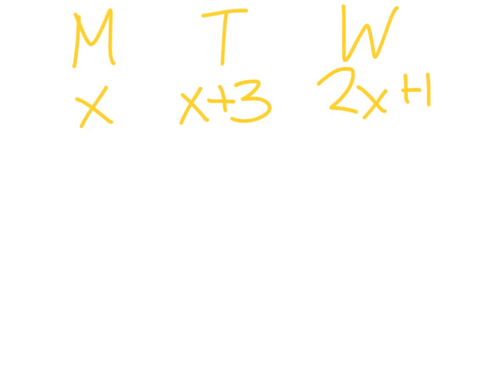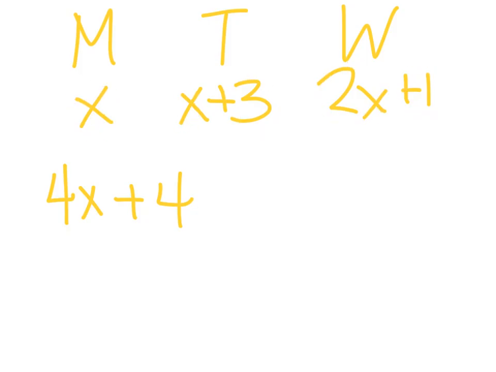All right, and it says the total number of hours is, okay, so all of this added together, which to me looks like, let's see, 2, 3, 4x plus 4. 1, 2, 3, 4x, and then there's the 4.